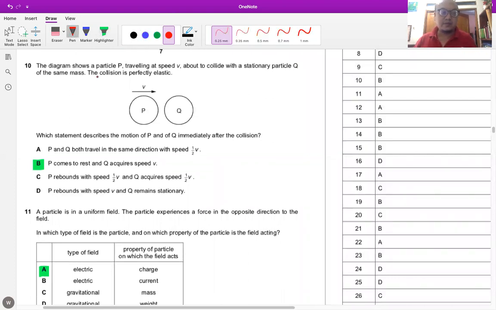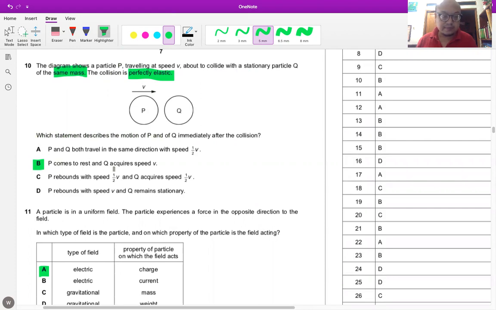Okay, the diagram shows particle P traveling at speed V, about to collide with the stationary particle Q of the same mass. The collision is perfectly elastic, and they have the same mass. Which one describes the motion of P and Q immediately after the collision?